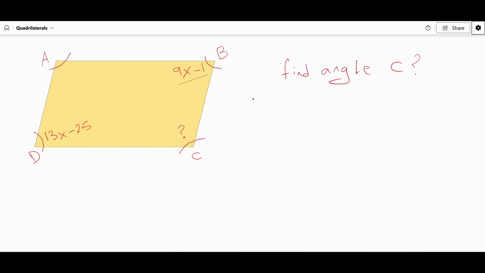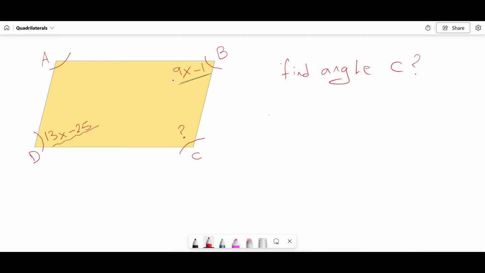Now, remember the properties of a parallelogram. The properties of a parallelogram tell us that opposite angles, this angle here and this angle, are equal.